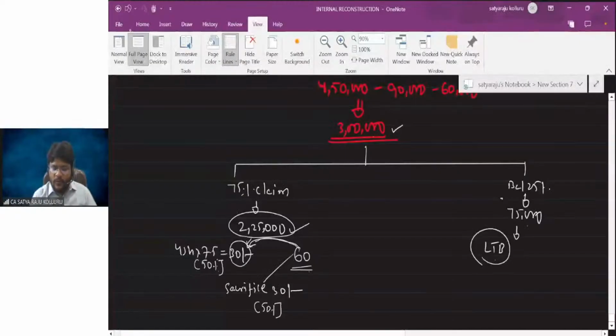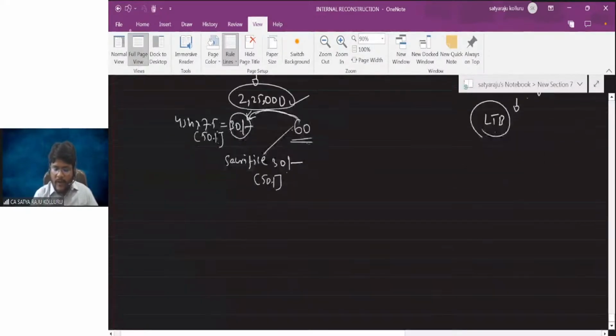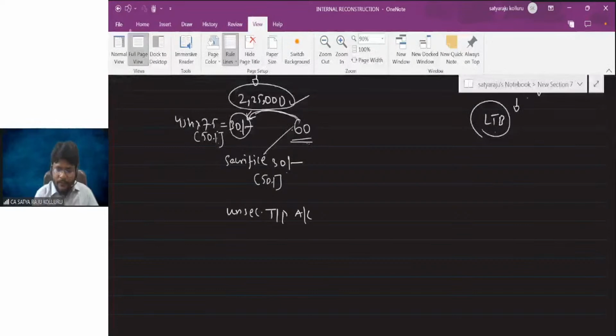For every 60 rupees, they are paid 30 in the form of equity shares, and the other 30 is the sacrifice made by the trade payable holders. Now for this, what is the entry, sir? The entry is unsecured trade payables account debit 2,25,000 to equity share capital.